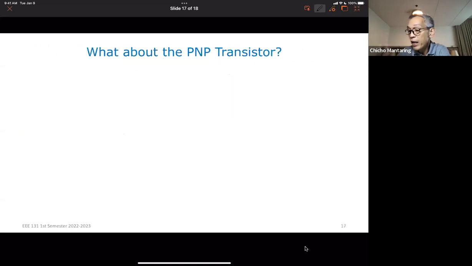Okay, one last thing I wanted to discuss, because what about the PNP transistor? And this is quite important. What is the two-port model of your PNP common emitter transistor?